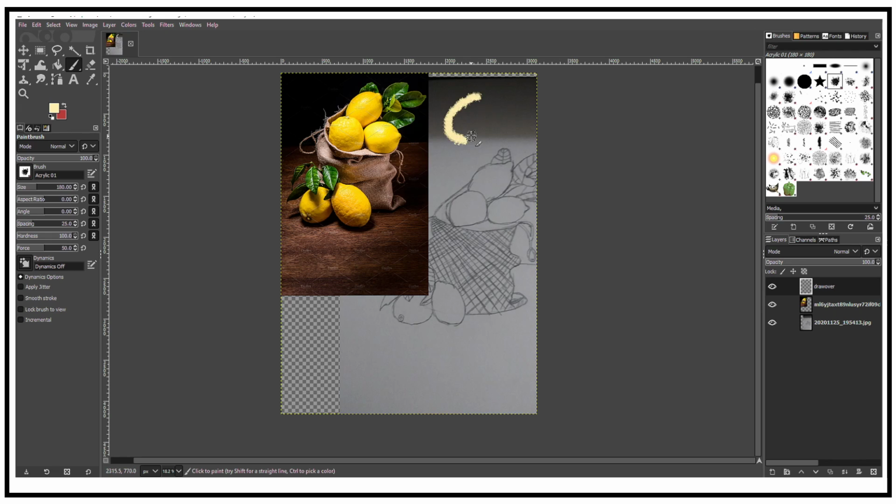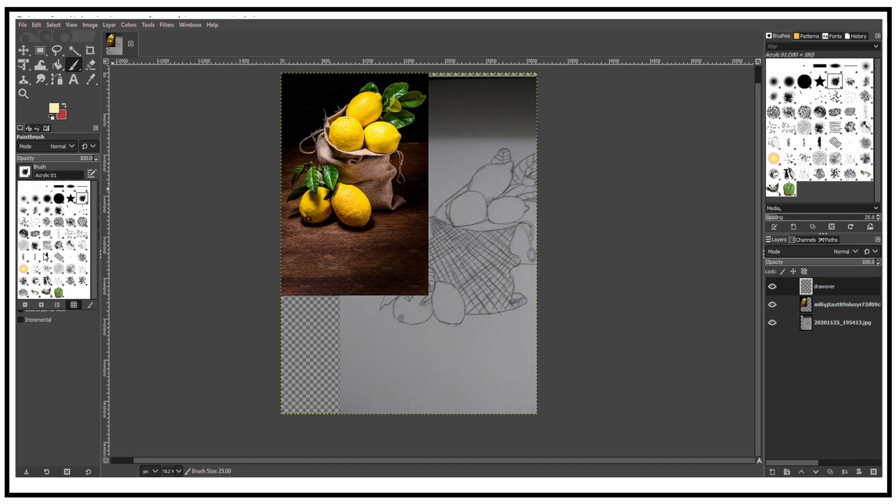Maybe this one will look better. Okay, this one looks a little better. I need something that's a little more painterly. So that's acrylic. Okay, pencil. There we go.